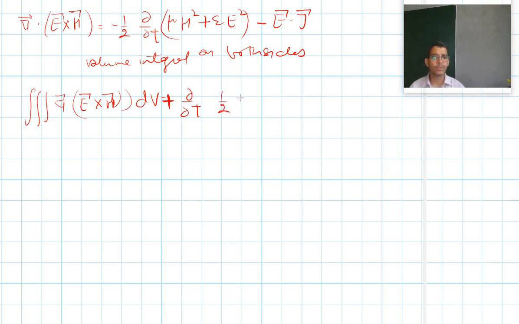So 1 by 2 mu H square plus epsilon E square, and let us take its volume integral dV, is equal to the volume integral of E dot J dV with negative sign.